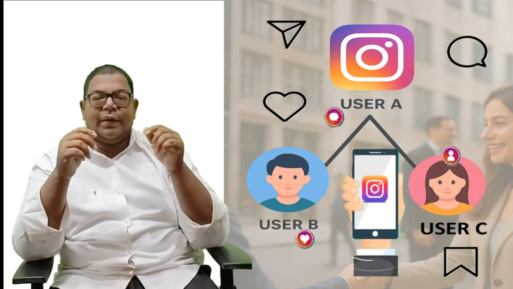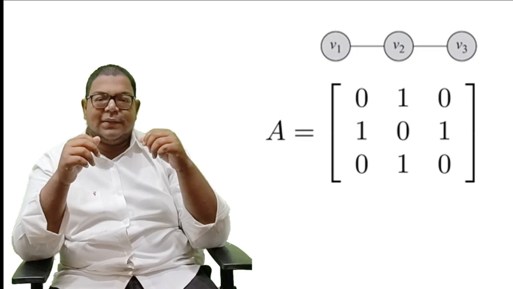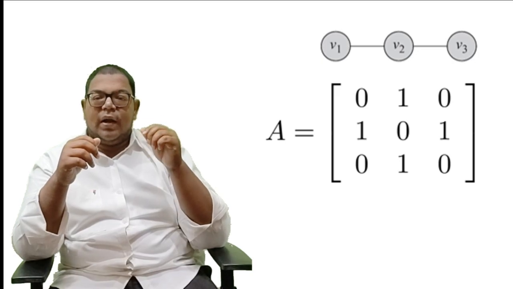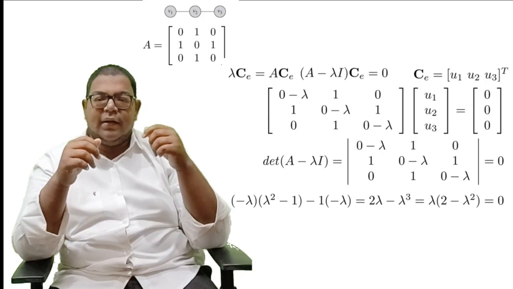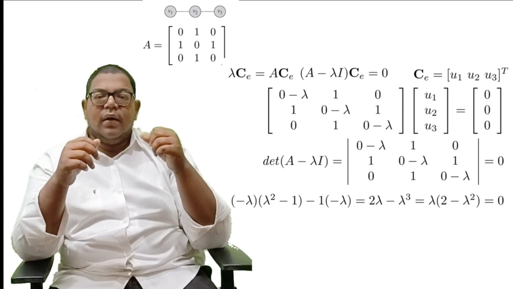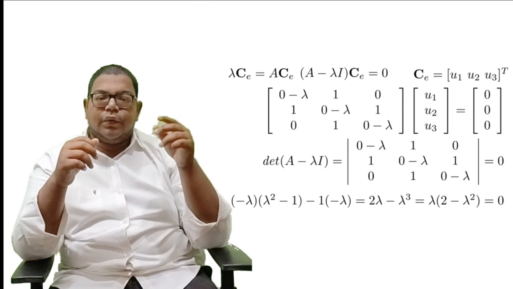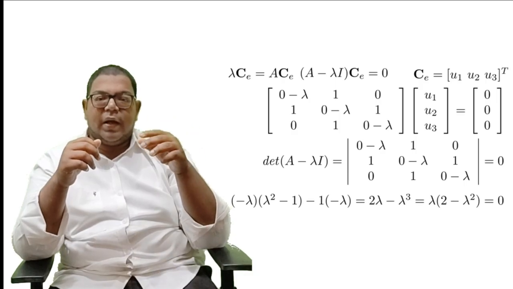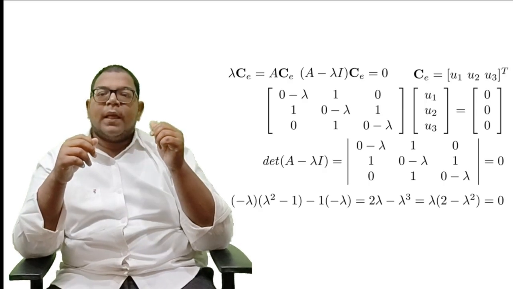Let us see an example here. We have a graph with 3 nodes. Its adjacency matrix looks like this. The formula to calculate eigenvector centrality is lambda Ce equals A Ce. We assume that Ce is equal to u1, u2, u3, and put some values in the formula. If you rewrite the formula, this is how it looks.